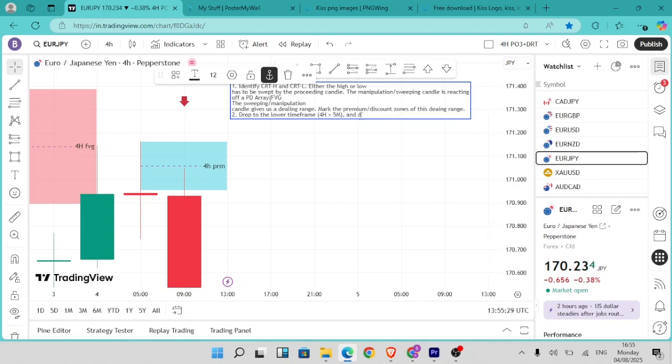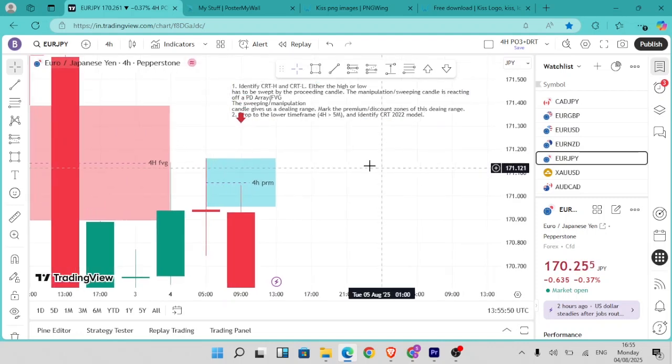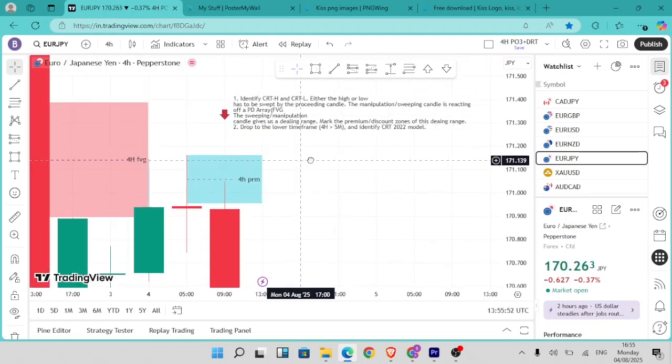And identify the CRT 2022 model. If you don't know what that is, you can go watch it on his YouTube channel, or just go through YouTube and find these things. But I'll just show you what ideally that is in this case.